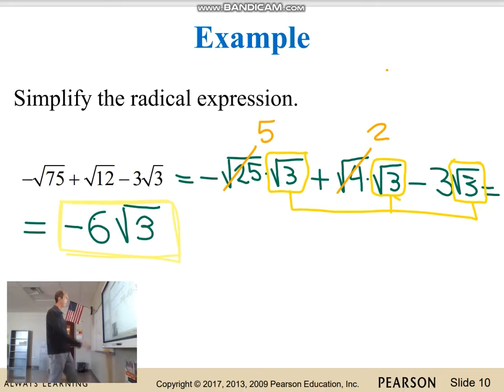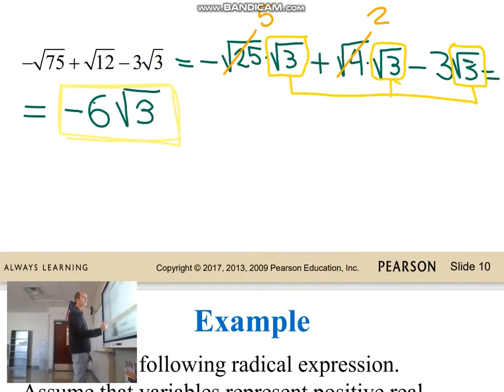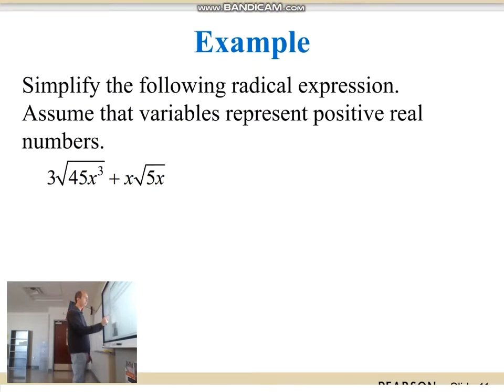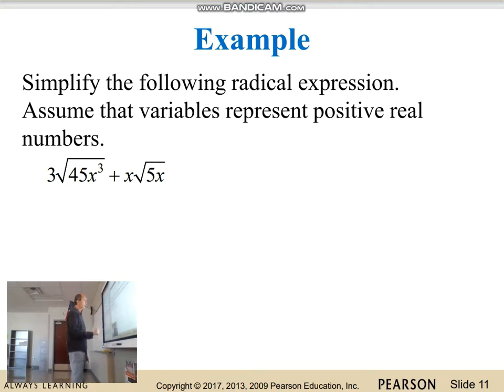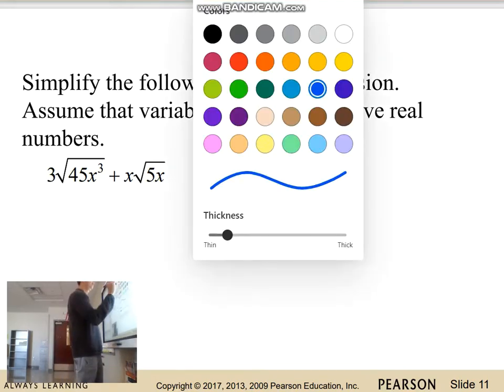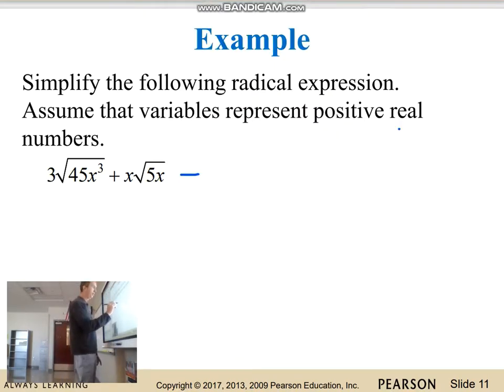Right? Now moving to the next example. Simplify the following radical expression. Assume the variables represent positive real numbers. Now we're going to have variables in the expression, and you may think it's going to be a little bit more complicated because now we have letters, we have variables.